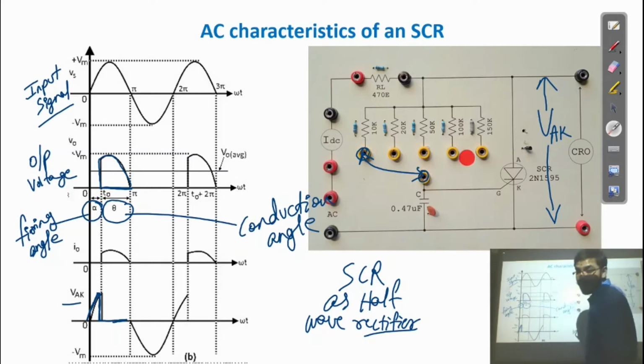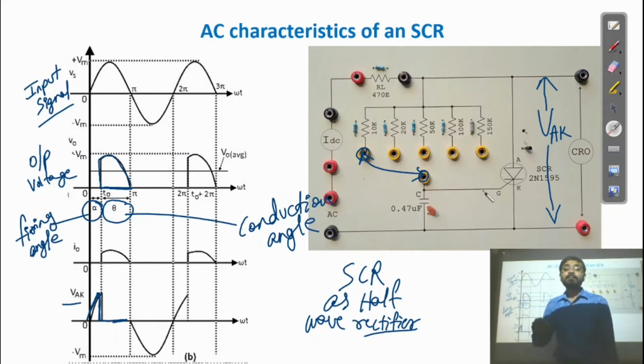Now, when you change the value of resistance, the amount of current flowing through this gate terminal will change. As the amount of current is changing, the firing angle also changes.